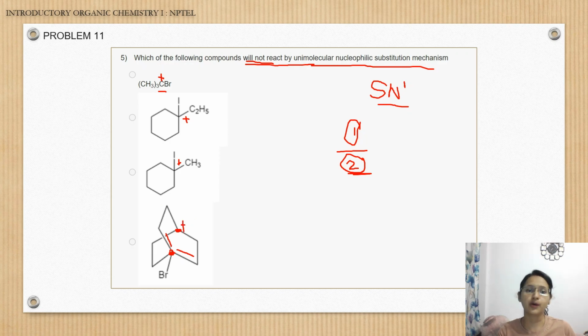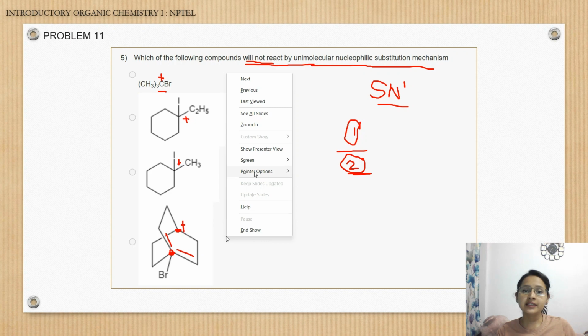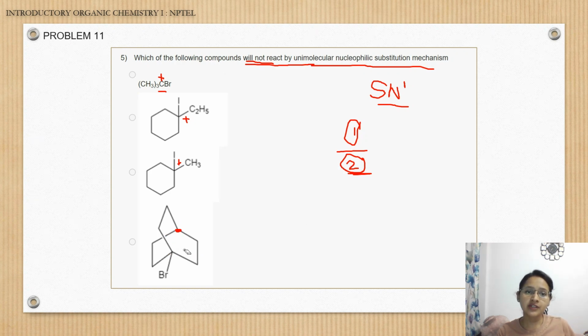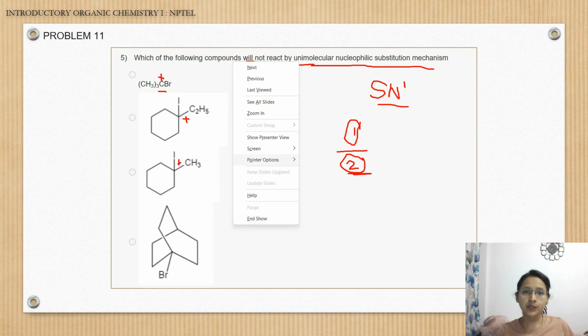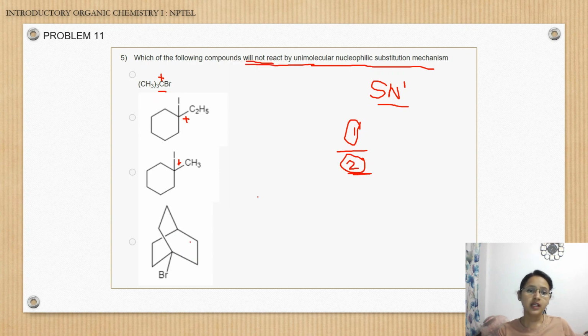So if positive charge generation takes place, the position will be the bridgehead, this position, right? Because of the bridgehead positive charge, the carbocation is least stabilized, so it is not going to give you carbocation generation.